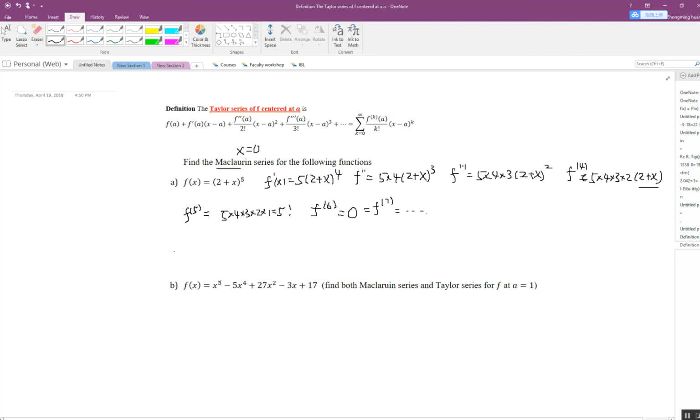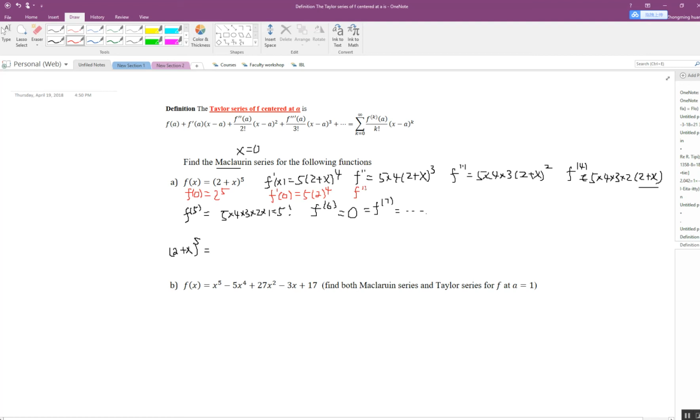Let's write this. (2 plus x) raised to power 5 equals, so f of a, better to write my f of a down. A is 0. So f of 0 is 2 to the power 5. F prime of 0 is going to be 5 times 2 to the power 4.